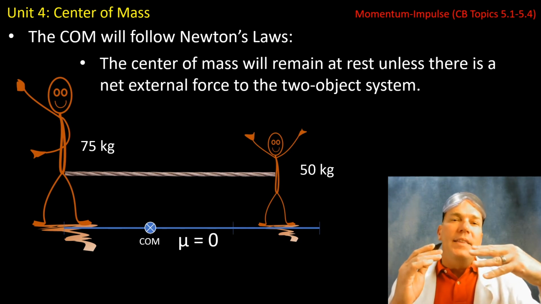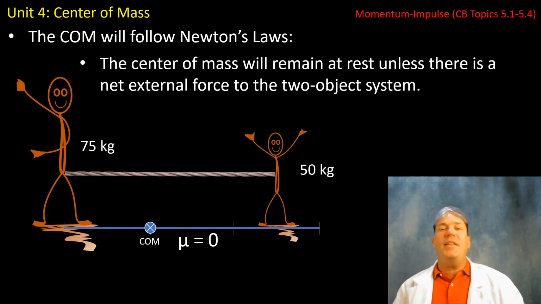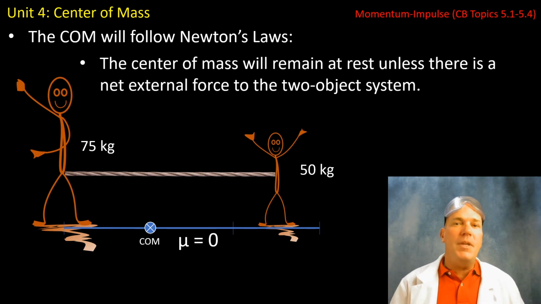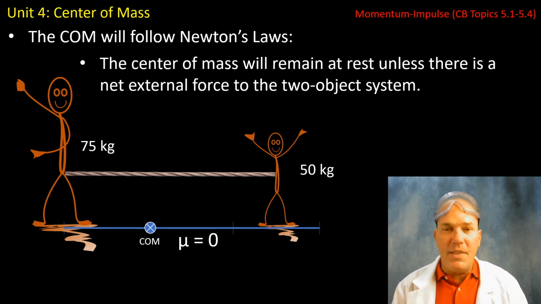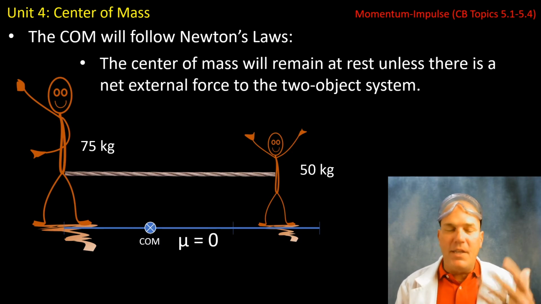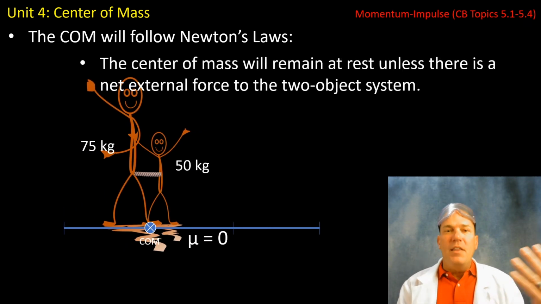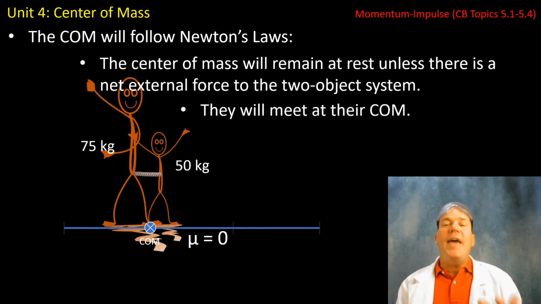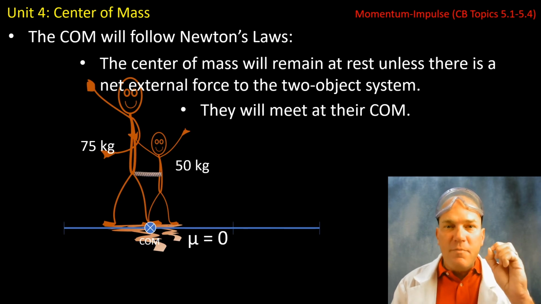The statement is that the center of mass for this two-object system will remain at rest unless there is some net external force, and I've said that. Well, in this case, we have Stickman and Stickson, and look where they meet. They meet at their center of mass.